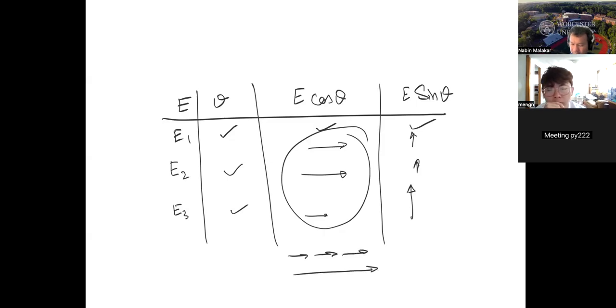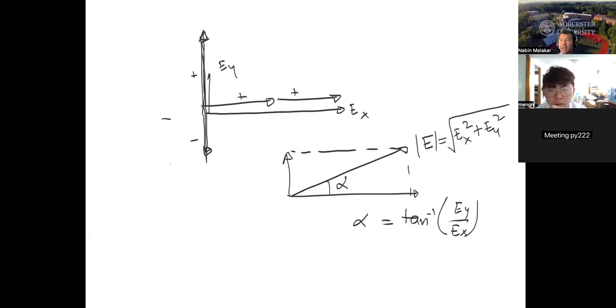Add all three to get a big vector. So this is my EX, this is my EY, and then we do the usual Pythagorean: the square root of EX squared plus EY squared. Then you get the total E. That's all.